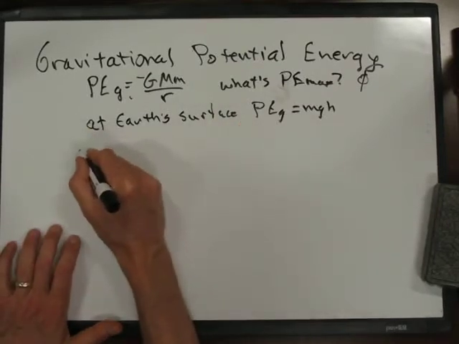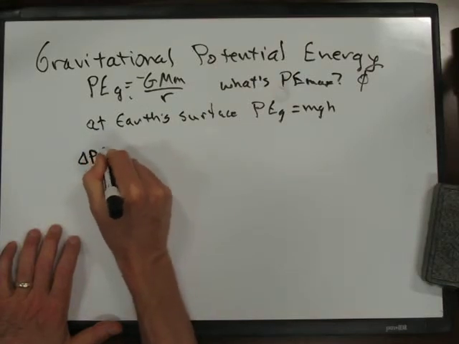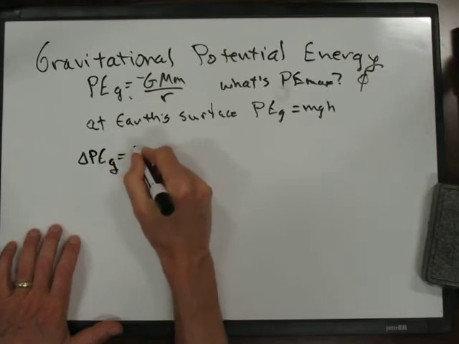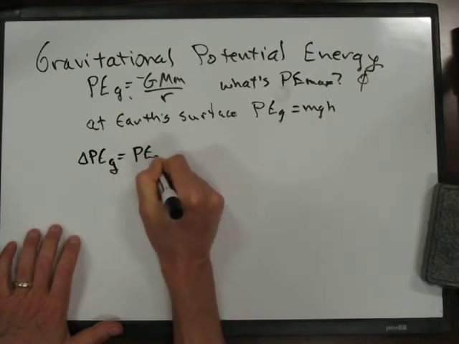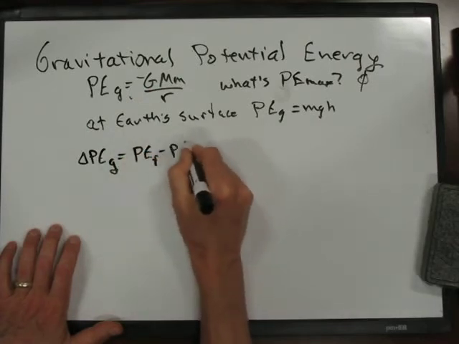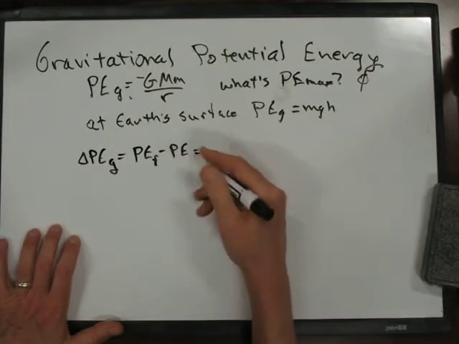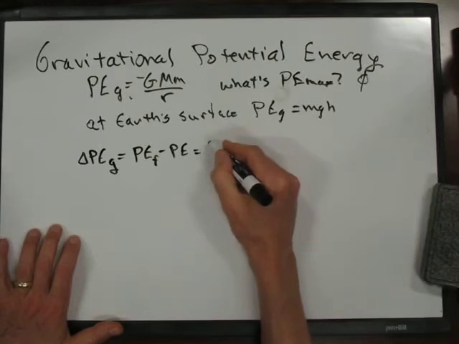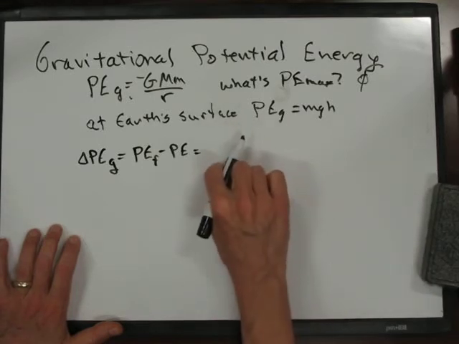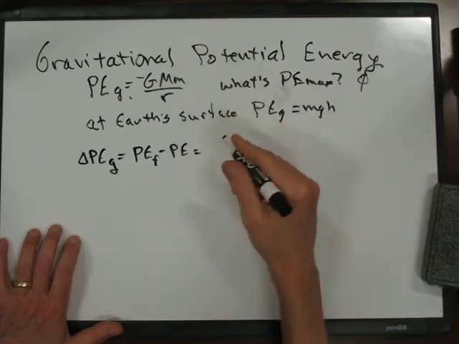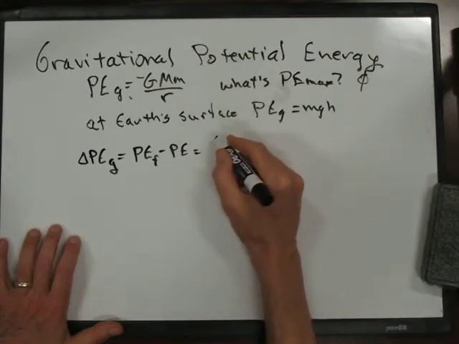And so if I calculate the change in potential energy for an object near the Earth's surface with this formula, that's just PE final minus PE initial. And so if I have raised an object up from some initial position on the Earth's surface at radius RE to some final position, radius of the Earth plus h, I would get this.